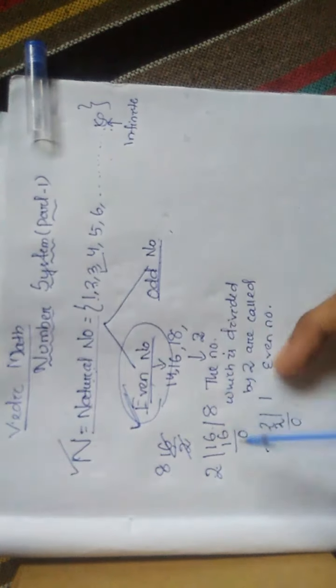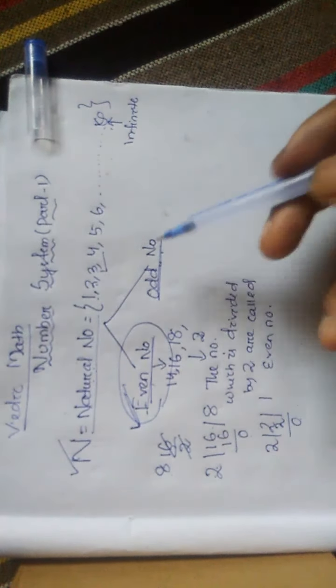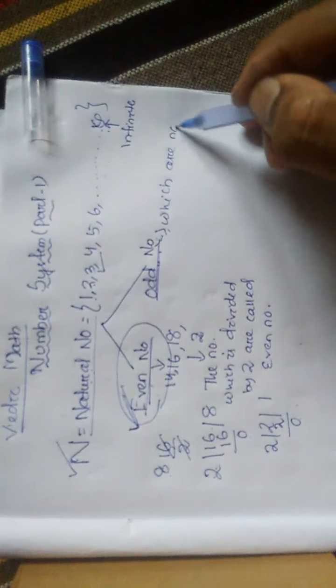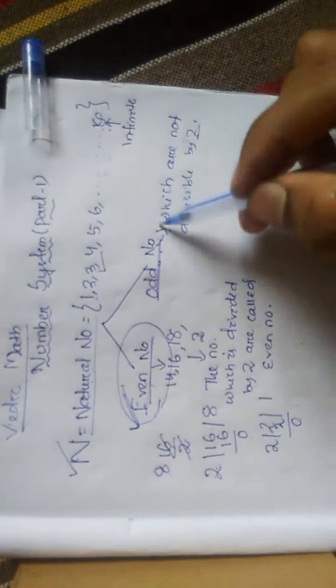Coming to odd numbers. What are the odd numbers? The numbers which are not divisible by 2. The numbers which cannot be divided by 2 are called odd numbers.